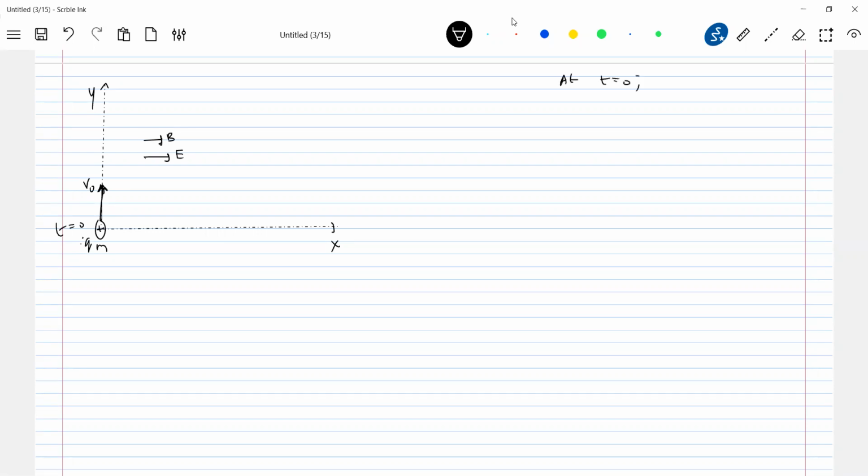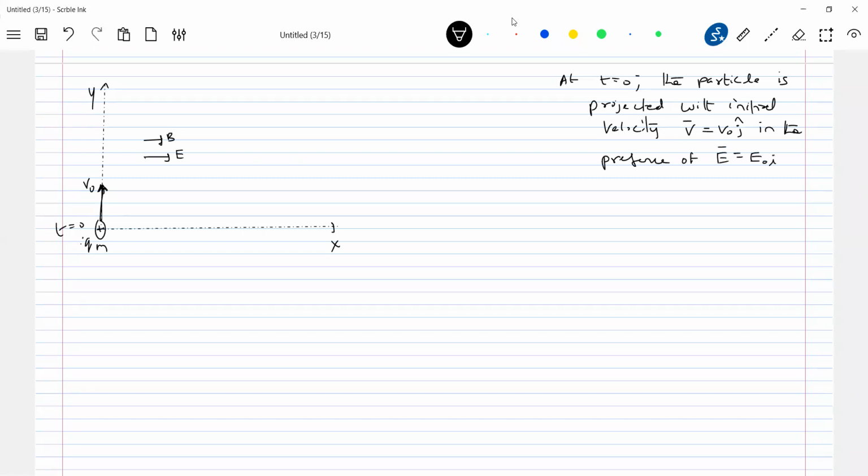At t equals 0, the particle is projected with initial velocity v bar equal to v0 j cap, in the presence of E bar equal to E0 i cap and B bar equal to B0 i cap. Find the possible trajectory.